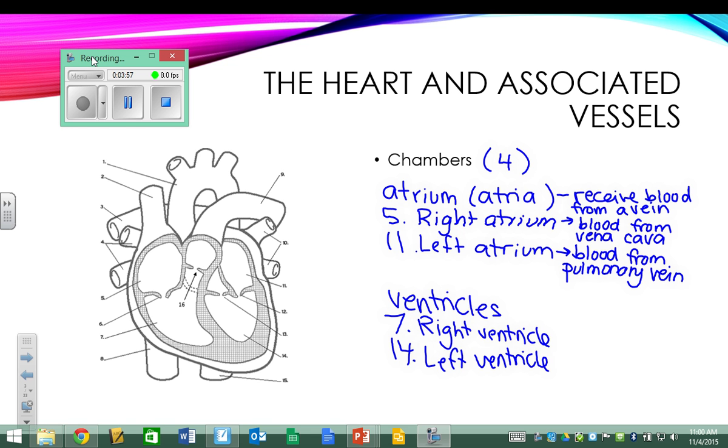Now, what is the ventricle's job? Their job is more of a pumping function. Ventricles pump blood to arteries. So you might remember arteries go away from the heart, veins come towards the heart. We talked about that in the kidney section.